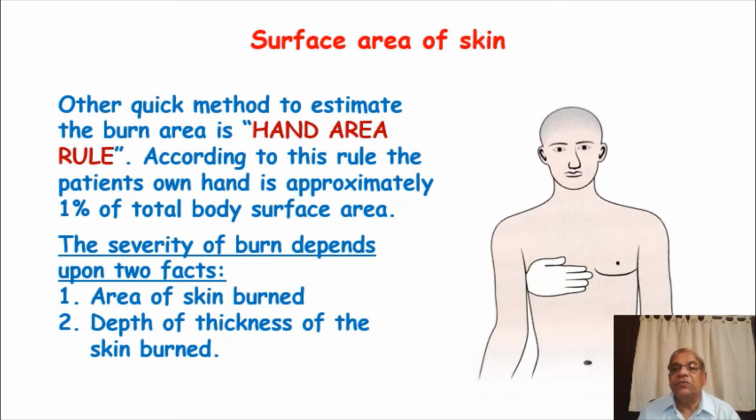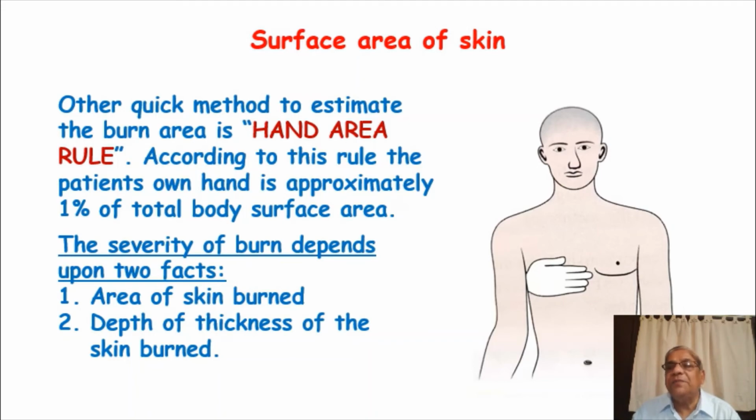So there are two factors in calculation of the severity of the burn. One is that you find out what is the surface area of the skin which was burnt, and then second is whether it was a superficial burn or a deep burn or whole thickness of the skin was burned. Okay, both the factors are needed for calculation.